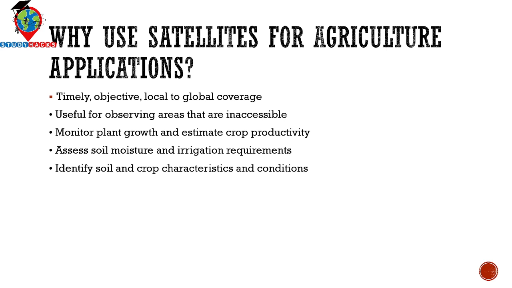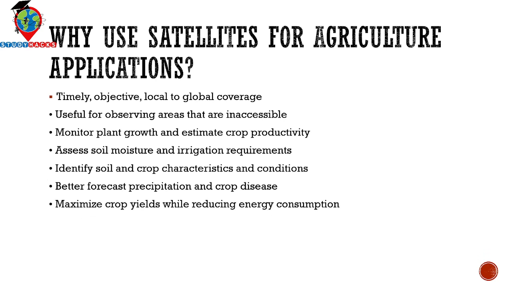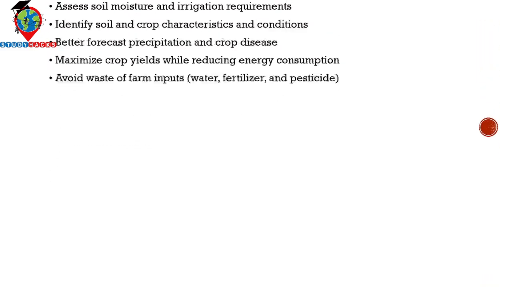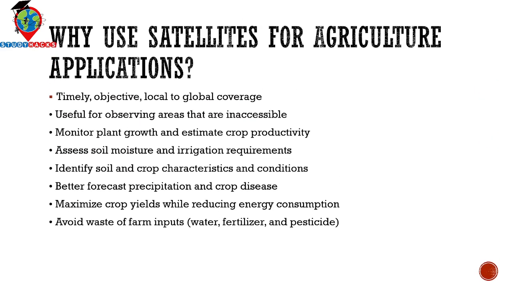Identify soil and crop characteristics and conditions, as well as better forecast the precipitation and crop diseases, and maximize crop yield while reducing energy consumption. Avoid the waste of farming inputs such as water, fertilizer, and pesticide. So basically, these things are very useful for agricultural application using satellite or remote sensing technique.